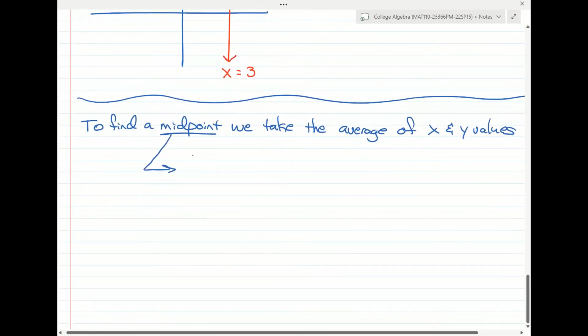The formula for midpoint would be you add the two x values together, you divide by 2, and you add the two y values together and divide by 2.